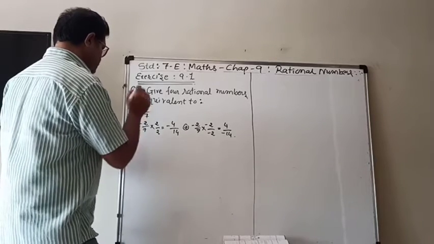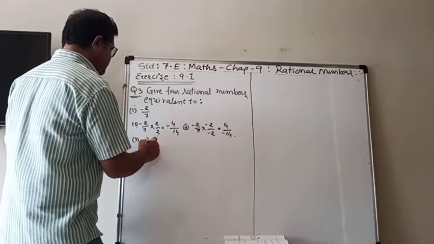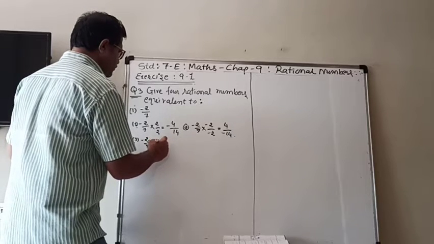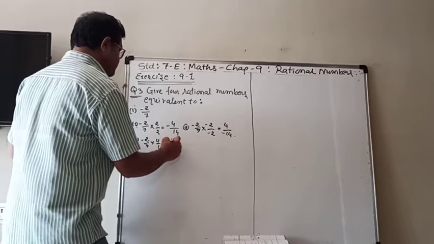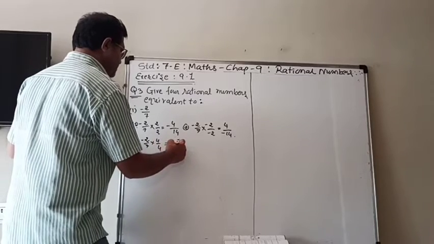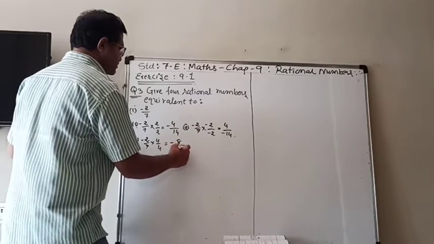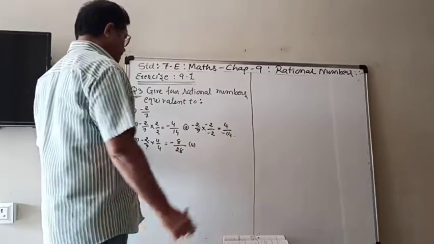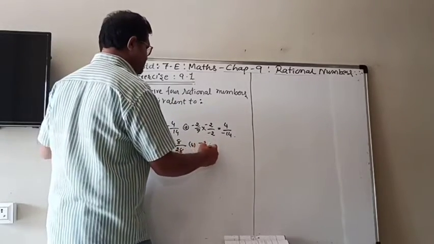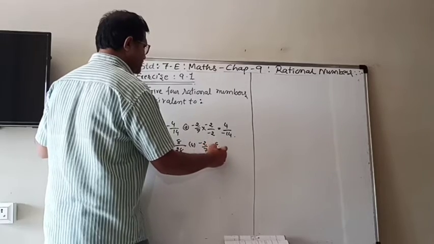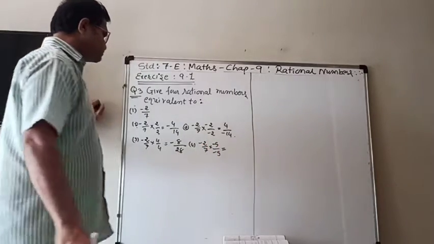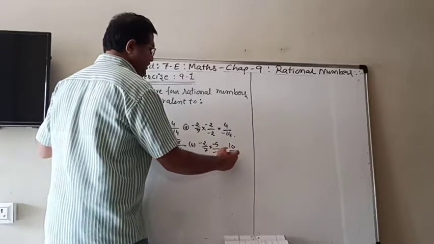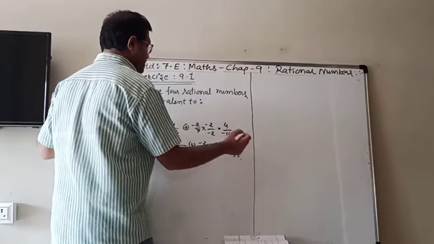Third one. Minus 2 upon 7 multiplied by, say, 4 upon 4. That is minus 2 fours are 8 upon 7 fours are 28. You can take another number like minus 2 upon 7 times minus 5 upon minus 5. So 2 fives are 10 upon 7 fives are minus 35.